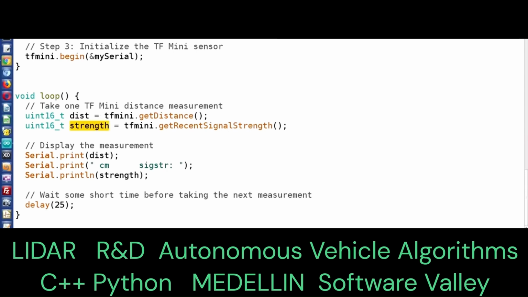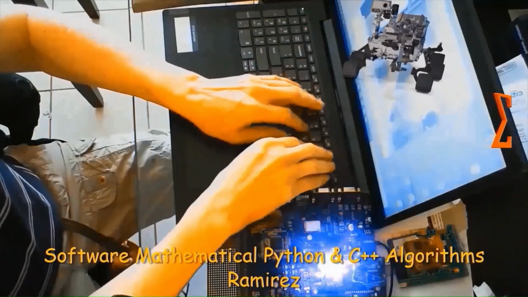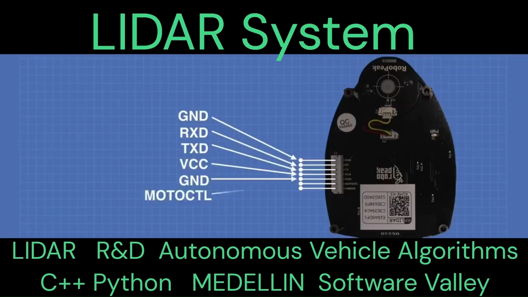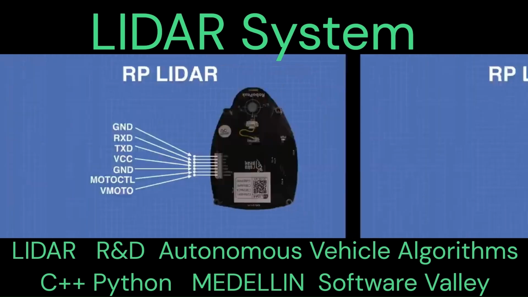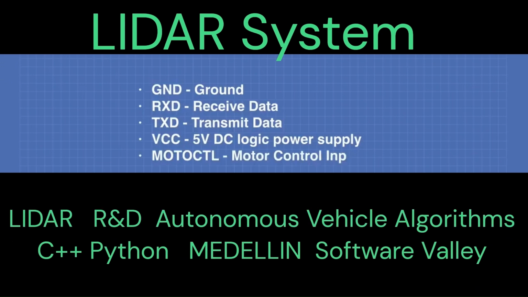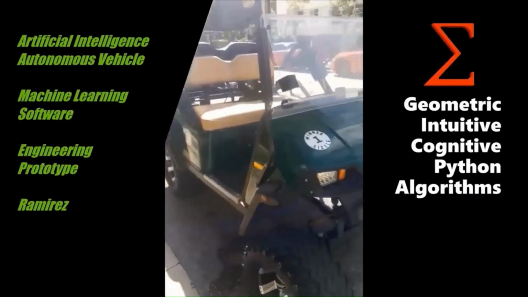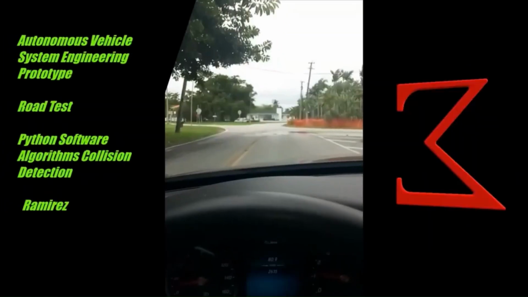The LIDAR process is repeated to scan the surroundings, and the raw data are processed to create a point cloud. Thus, the point cloud is a set of data points representing a three-dimensional shape or object. In the case of the LIDAR, it refers to the data points representing the objects from the scan space.